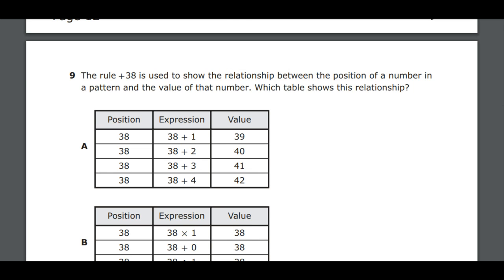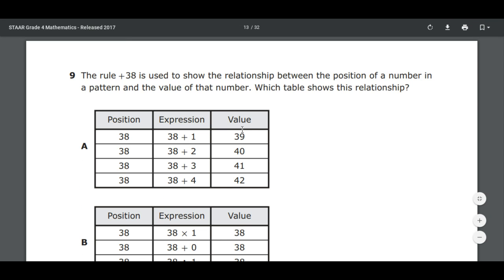Number 9. The rule, plus 38, is used to show the relationship between the position of the number in a pattern and the value of that number. Which table shows this relationship? Letter A, position, value.